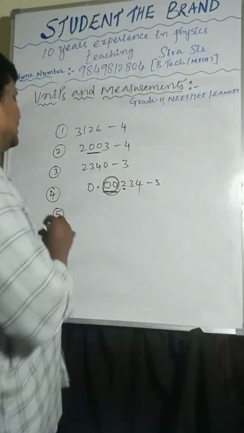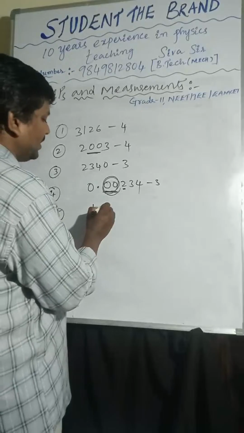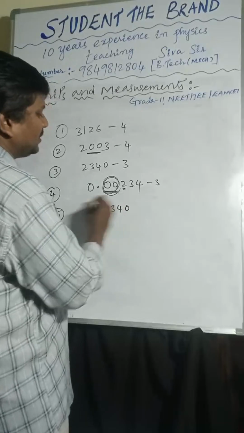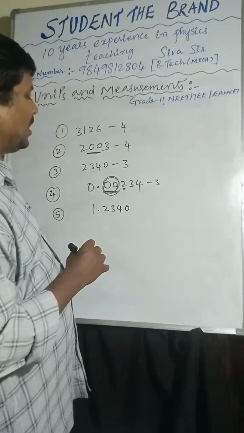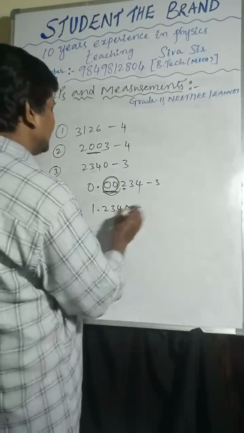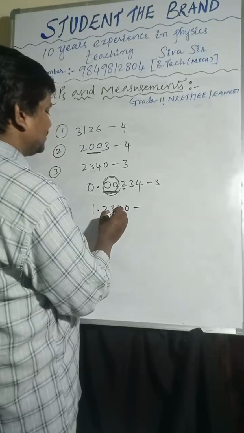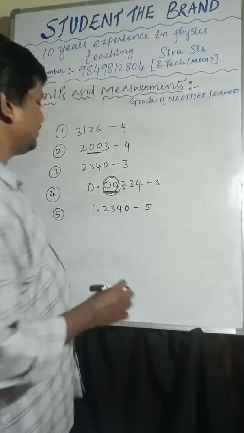And the last one, in a decimal number, the zeros occurring after the last non-zero digits are significant figures. So 1, 2, 3, 4, 5. So 5 significant figures are there.